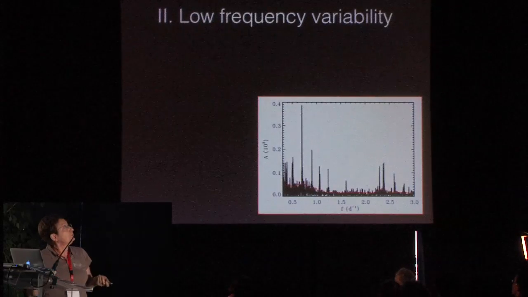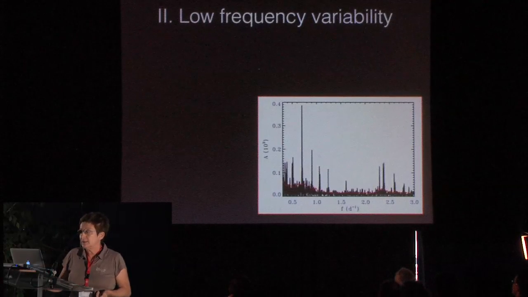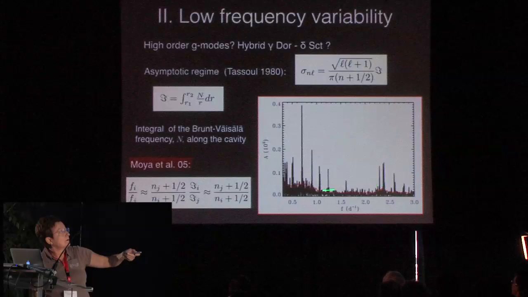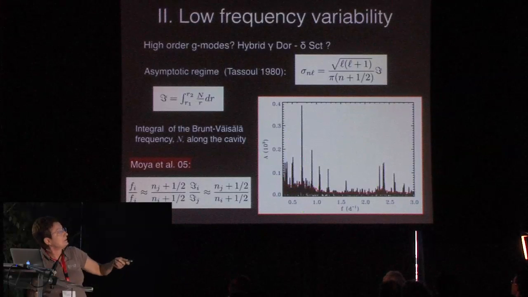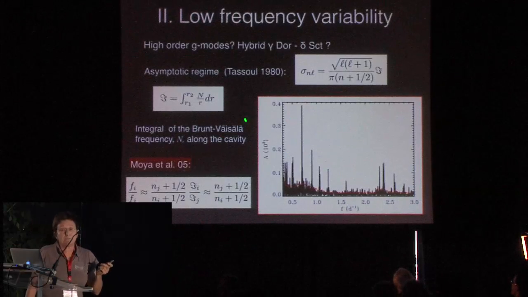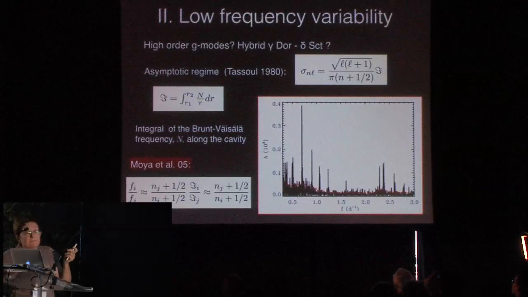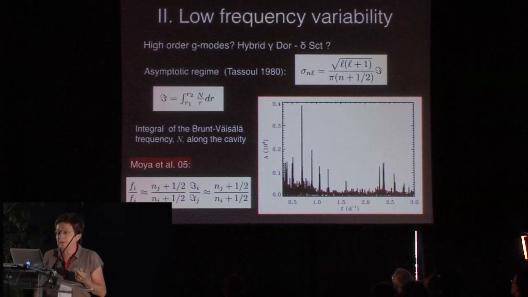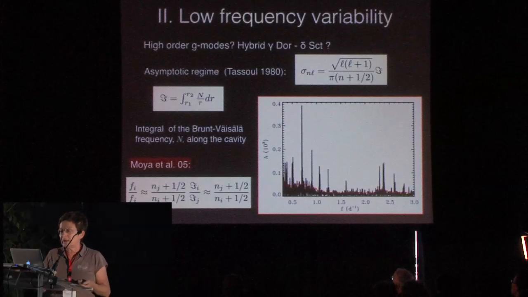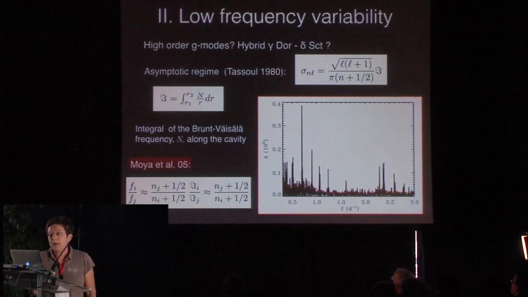Then if we go to the low frequency variability, we also found some significant frequencies, several. And we were asking ourselves if these g modes were high order g modes, as in that case we would be studying a hybrid gamma Dor delta Scuti star.